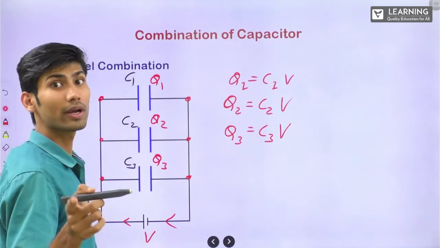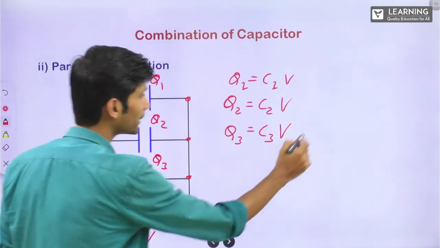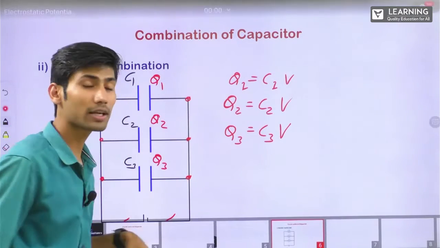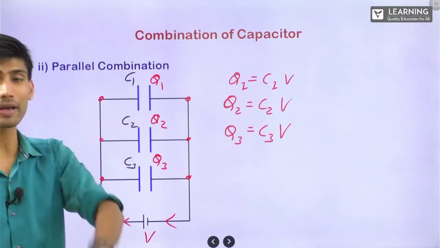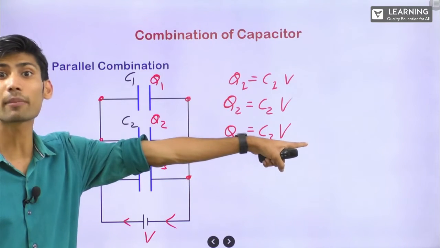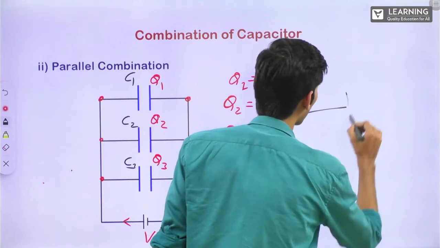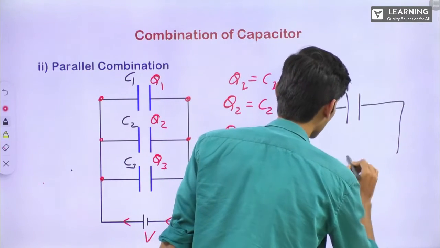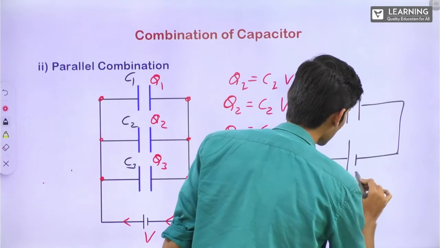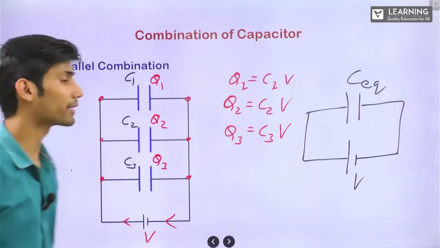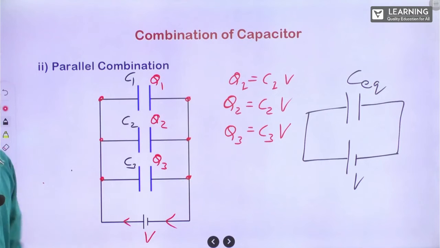Now we need to find the equivalent capacitance, right? What does equivalent capacitance mean? I replace all three capacitors with one capacitor such that the capacitance of that capacitor is equal to the resultant capacitance due to all three capacitors, correct?